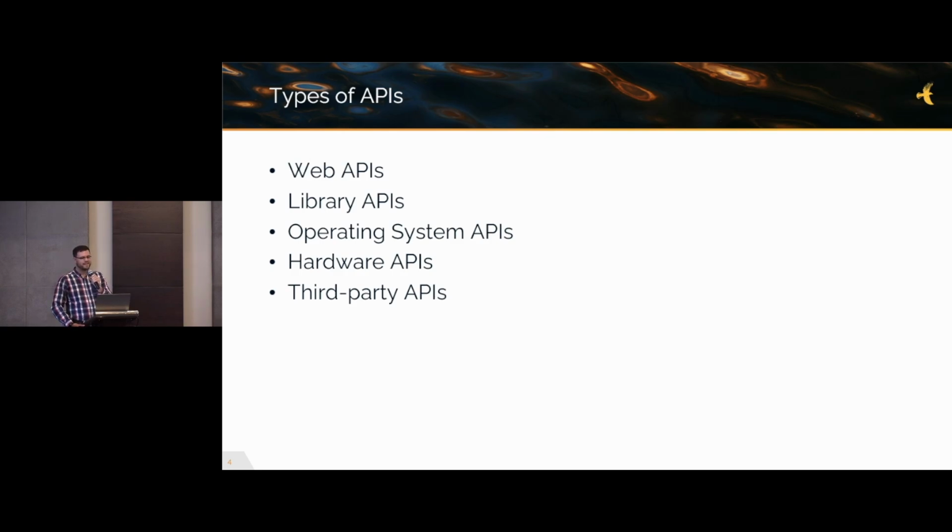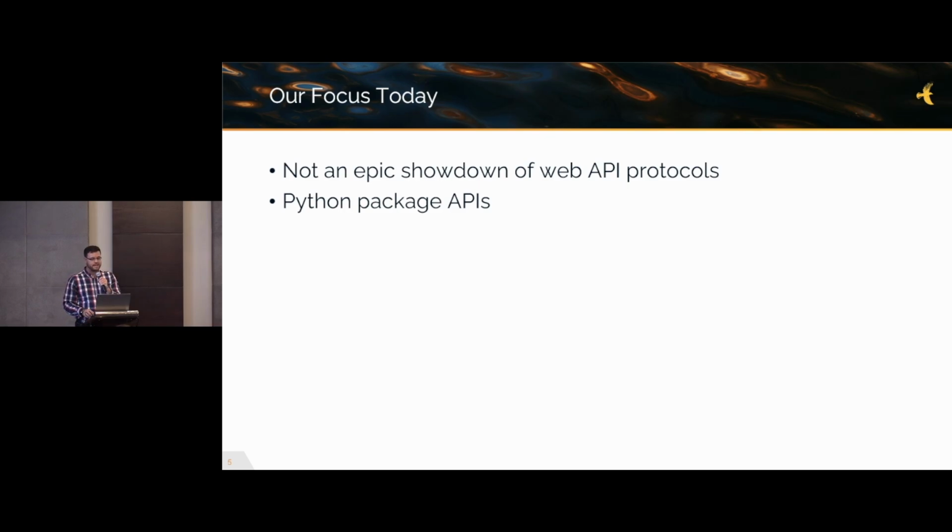All right, you will find that APIs come in various flavors. Depending on the resource that you use, you will see that they are generally categorized anywhere from 3 to more than 5 categories, like web, library, operating system, hardware, and third-party APIs. Our focus today is not on web APIs. Sorry guys, this is not an epic showdown of web APIs.